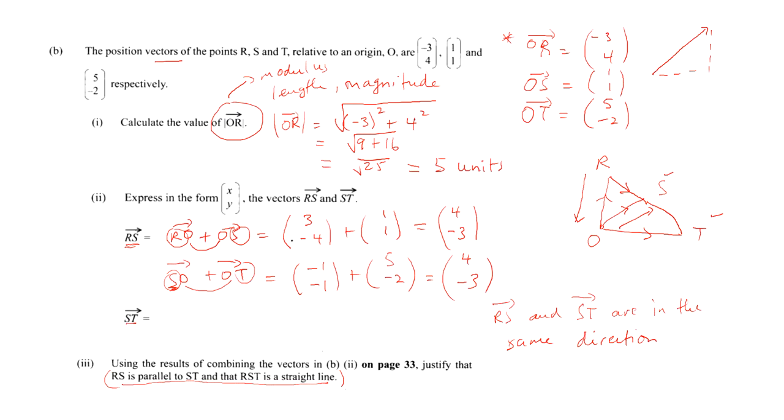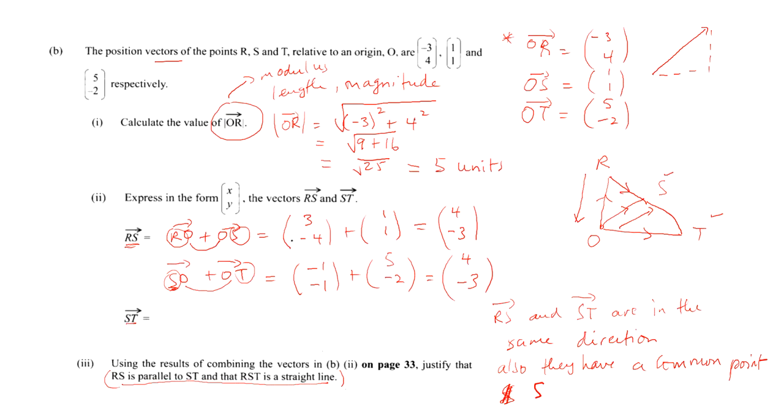Because they're the same vectors. And also they have a common point S. I'm sorry. So they have a common point S, right? So therefore R, S, and T all lie on the same straight line.